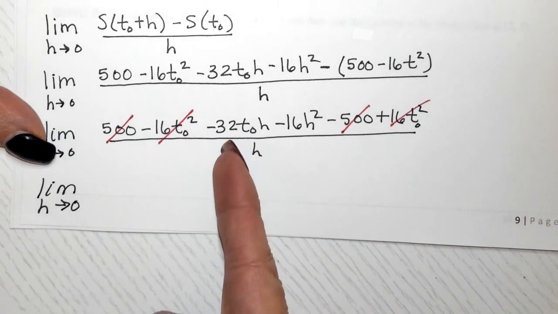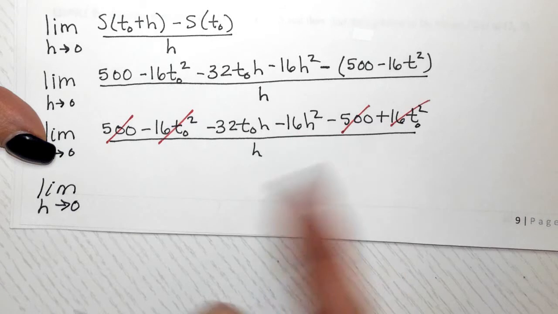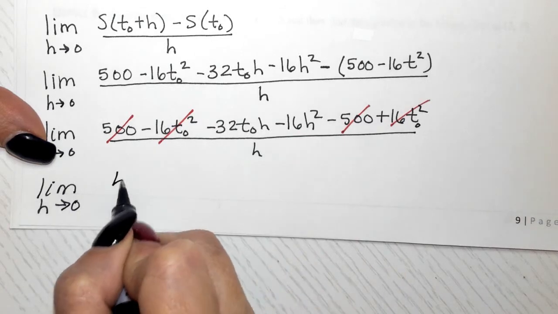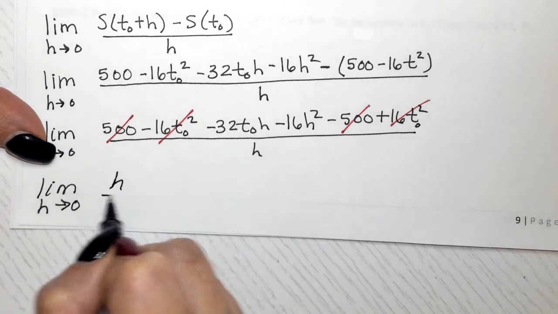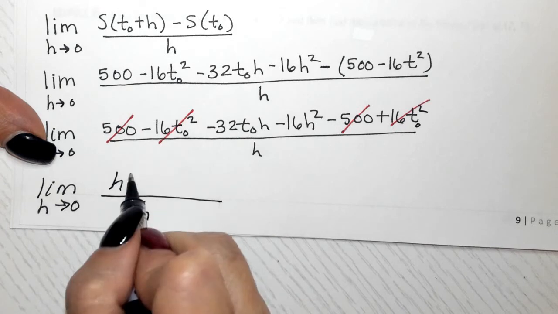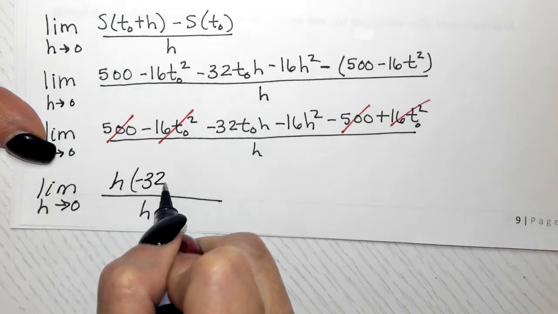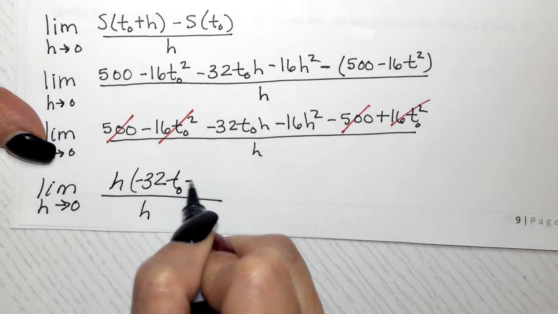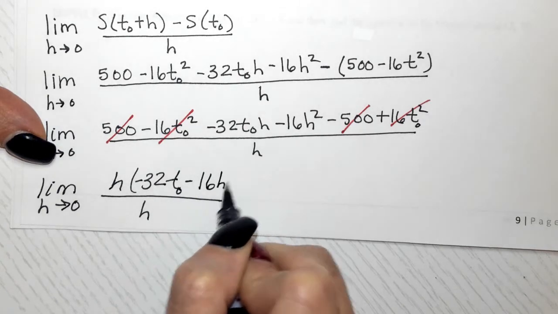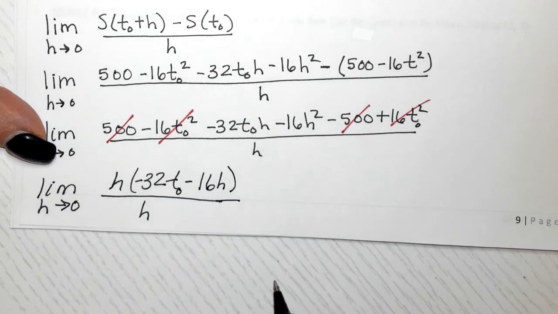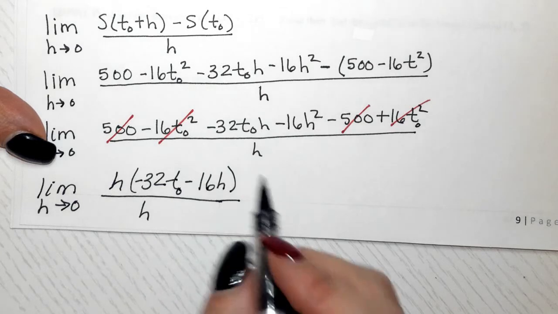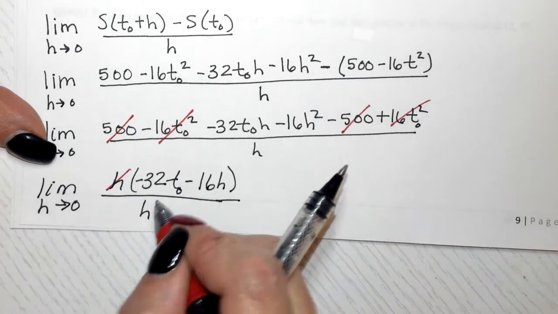This negative 32 t naught h and negative 16h squared, I'm going to go ahead and factor that h out to the front because I know I'm going to end up with h over h. I'm going to have negative 32 t naught minus 16h, and I'm still going to have an h in there. All right, so that means my h's are going to cancel out.